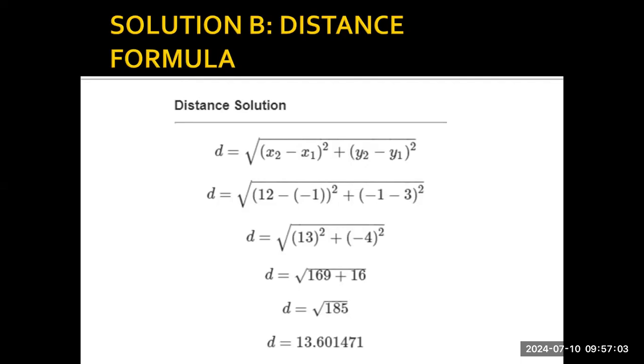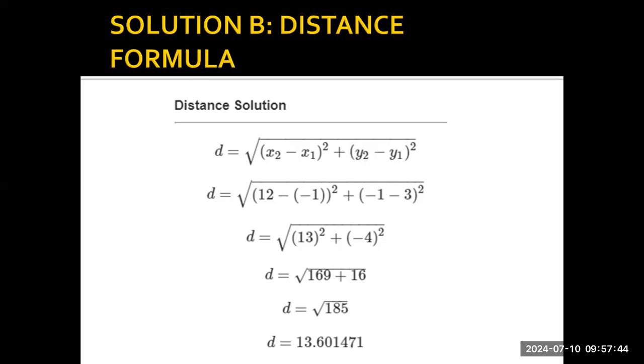So let the first pair of coordinates x sub 1, y sub 1 belong to star X. And let the second pair of coordinates x sub 2, y sub 2 belong to star Z. So by substitution, we have x sub 2 equals positive 12, x sub 1 equals negative 1, y sub 2 equals negative 1, y sub 1 equals positive 3. And then let's do the arithmetic.